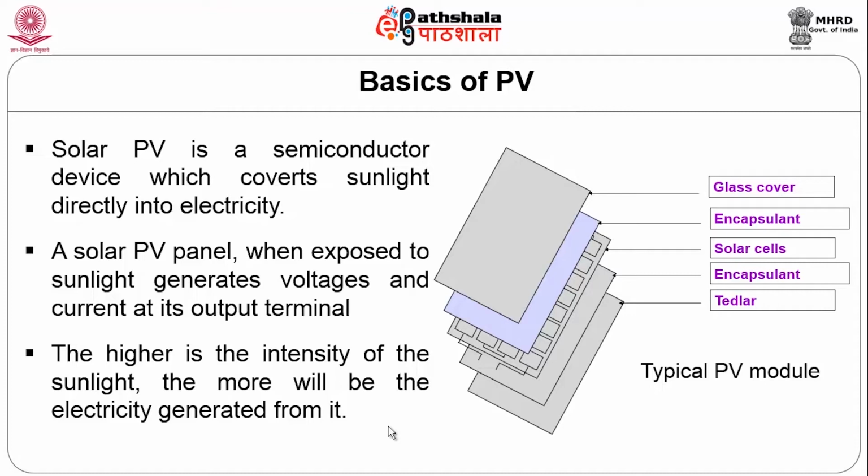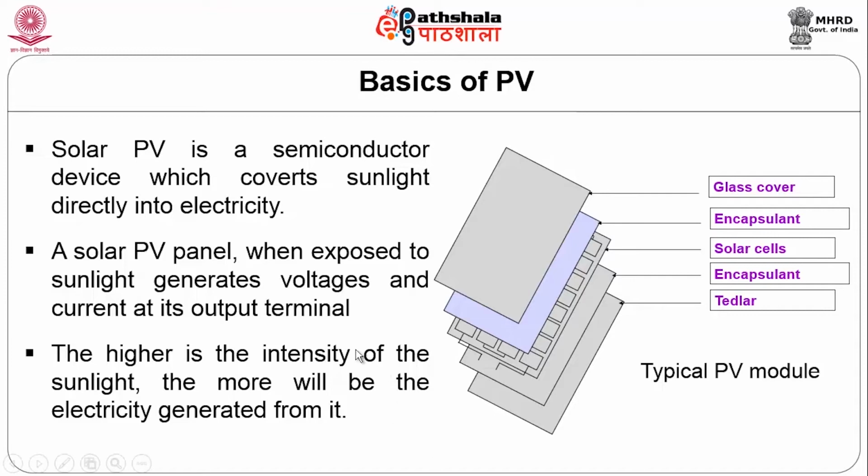Because of the solar energy mission, the installations are increasing every year, and by the year 2022, 175 gigawatt should be from renewables, out of which 100 gigawatt should be from solar energy, right.